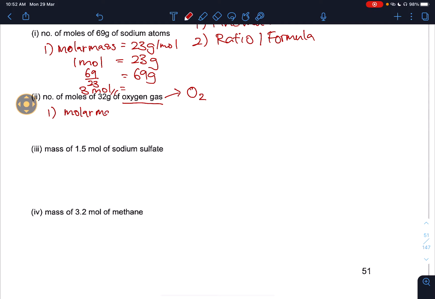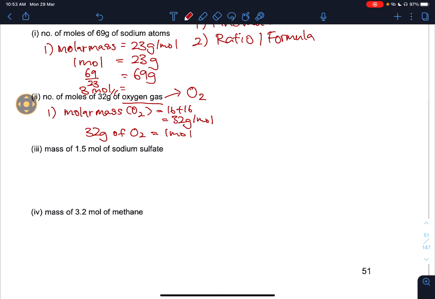From the periodic table, it is 16 plus 16 equals 32 grams per mole. So 32 grams of O2 is equivalent to 1 mole. How many moles are there in 32 grams of O2? 1 mole. That's the answer.